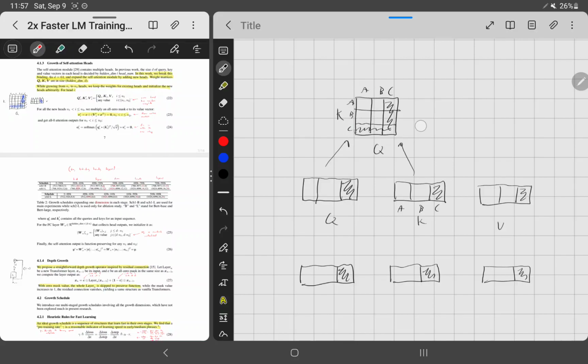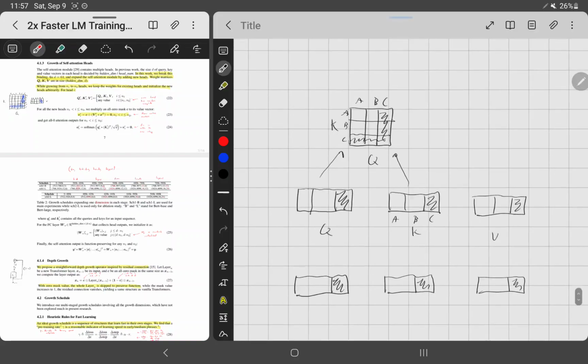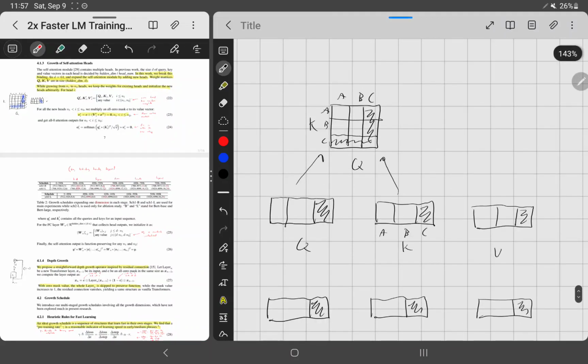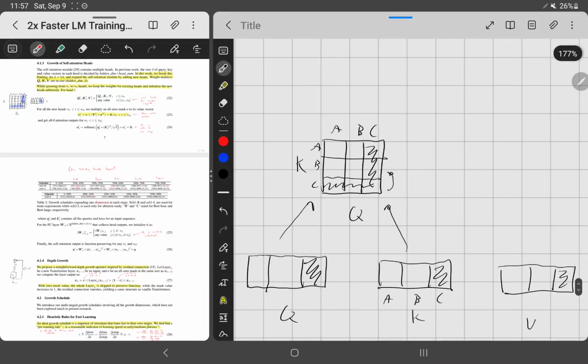Then you want to mask this entire vector after the softmax. And you do that because you don't want this vector to have any information, assuming you pass it with no information. So you don't want it to send information, and you don't want it to receive information from this. So you mask this part here because you don't want C sending information to A and B, basically. Therefore, it maintains this 2x2 matrix here.